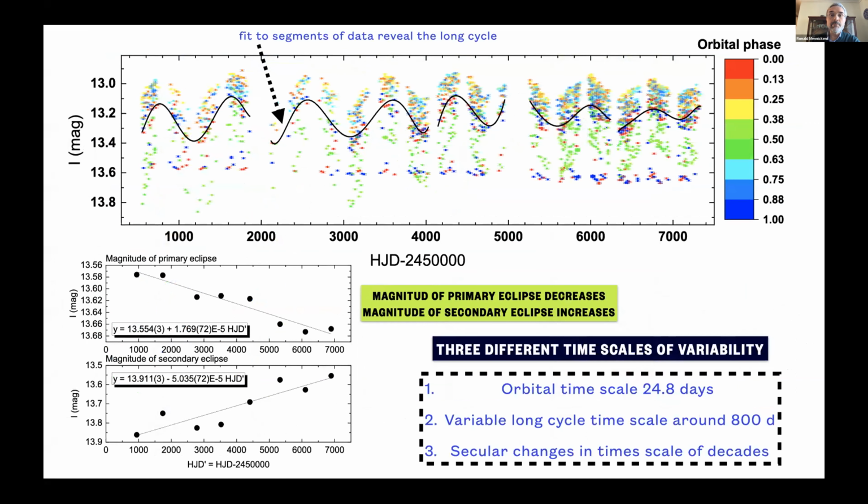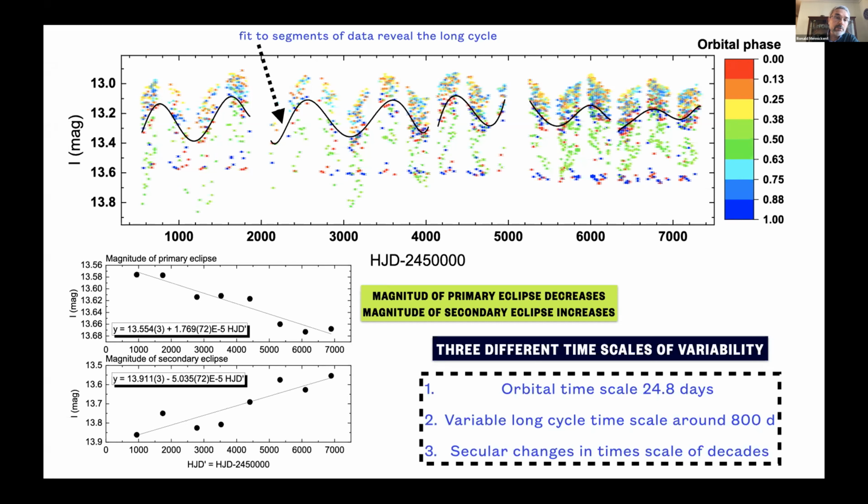For the same system, we observe here the long cycle. With different colors, we indicate the different orbital phases. And the solid lines show the fit we did for removing the long cycle and working with residuals. But what is interesting here is that the main eclipse, characterized by the colors blue and red, seems to be decreasing in I-band magnitude.